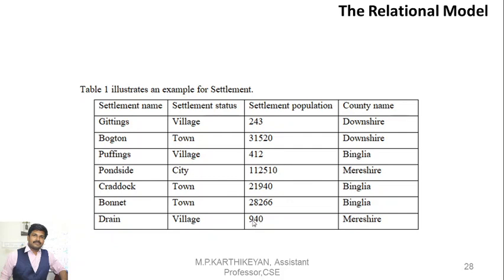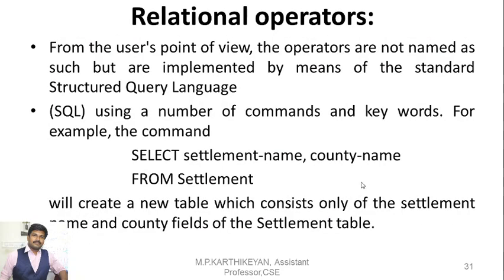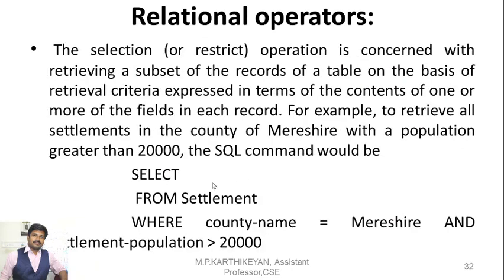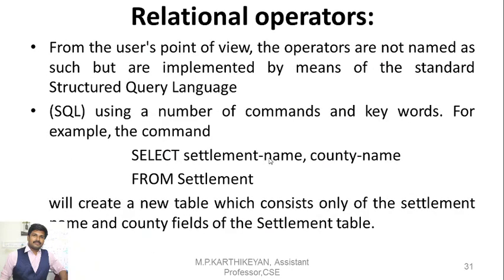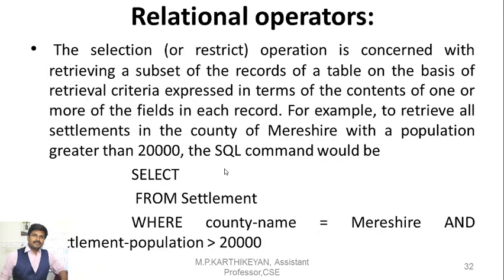So based upon the query, we give the output as Pondside, which has 1,12,510. So Pondside and Merryshire will be printed, based upon whatever we want to select. If you want to select settlement name and country name, those two will be printed based upon this constraint. Is that clear? This is how a DBMS query language actually works.